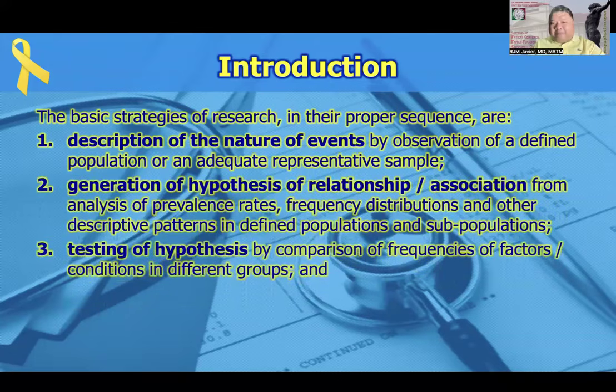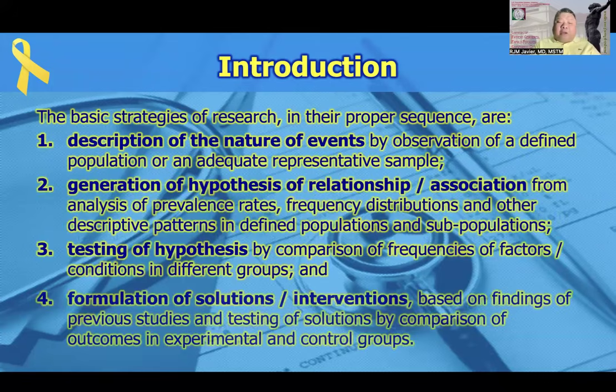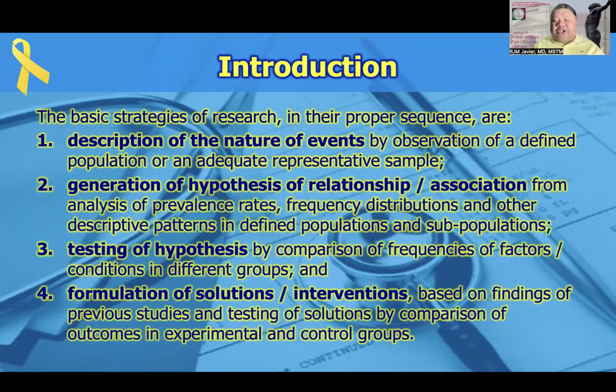Then we test hypotheses by comparison of frequencies of factors or conditions in different groups. And lastly, we formulate solutions or interventions based on findings of previous studies and testing of solutions by comparison of outcomes in both experimental and control groups.